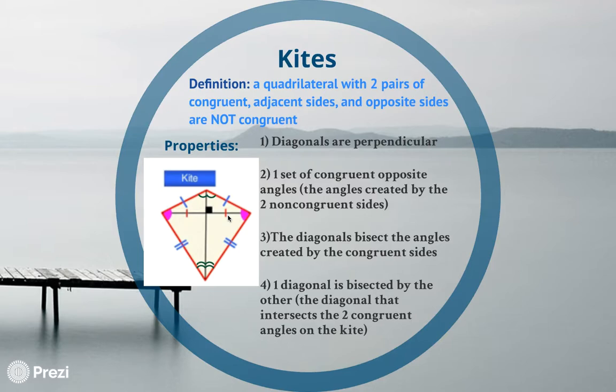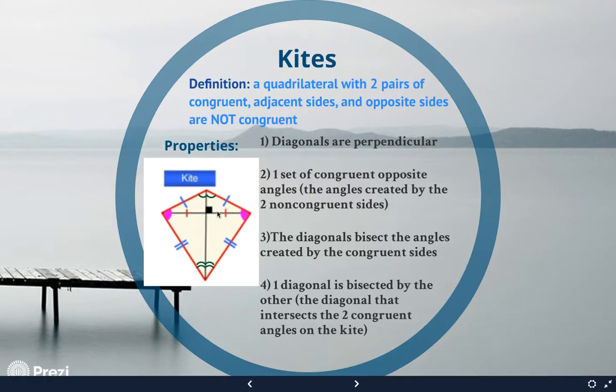If it helps you, the diagonal that is split into two congruent pieces is the one with the congruent angles. And the angles that are bisected are the angles that are not congruent altogether. The two pieces are congruent, but not the whole thing. Okay, so I don't know if that helps, but you might just have to sit here and memorize them and look at your picture.